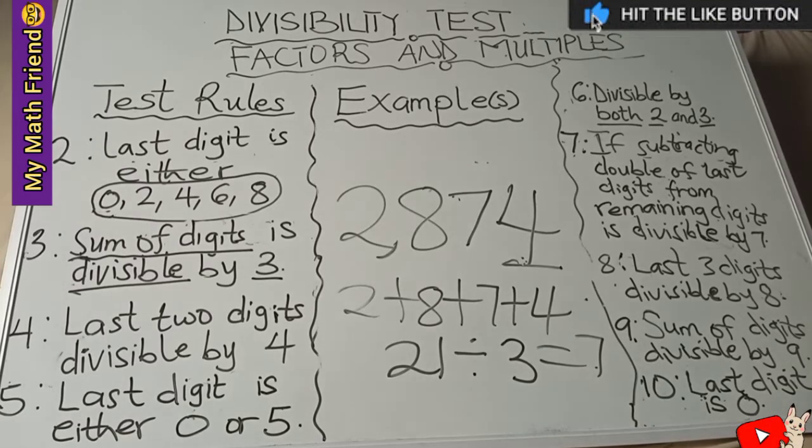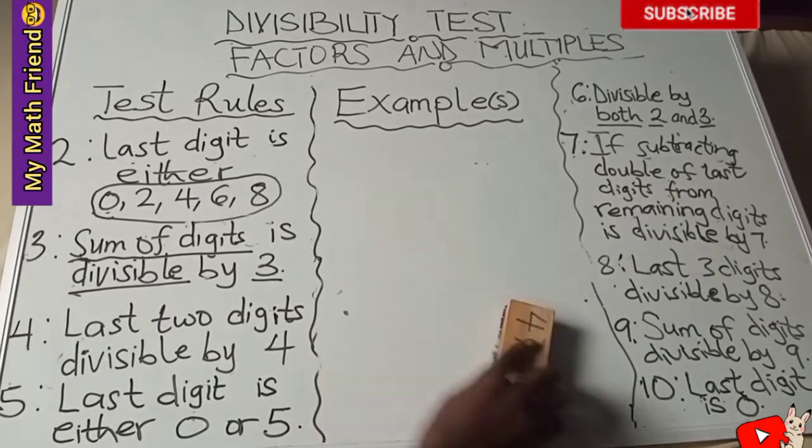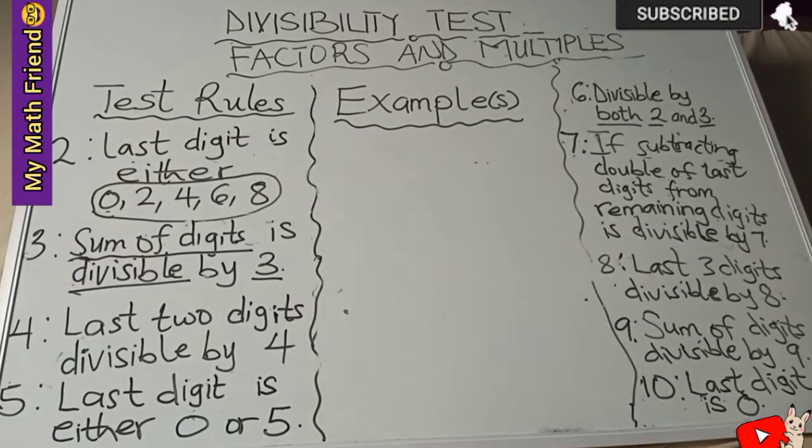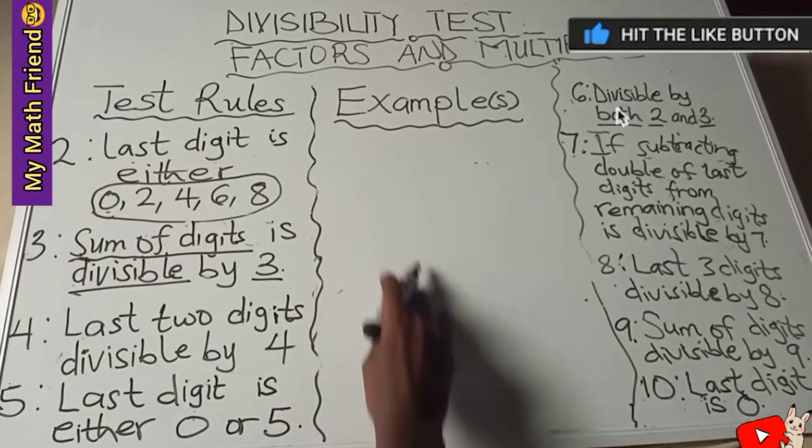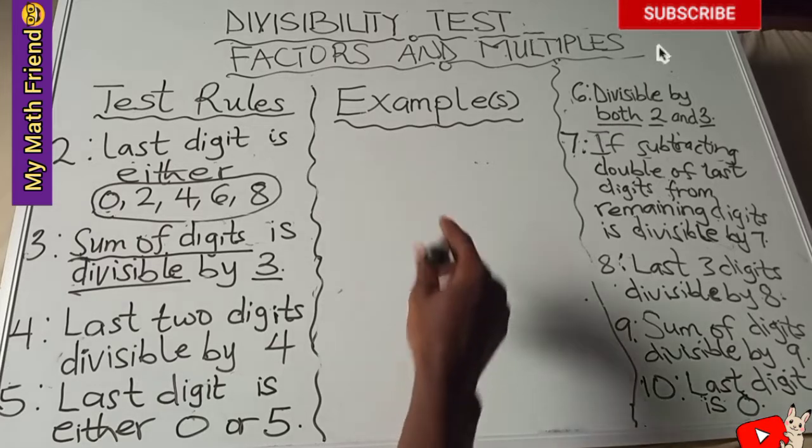Good. Let's go to the test rule for 7. What does it say? It says to subtract double of the last digit from the remaining digits, and see if the result is divisible by 7. Very well. Let's look at an example. You understand the test rule very well.